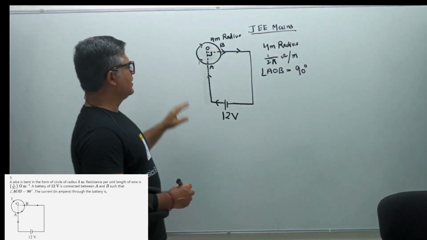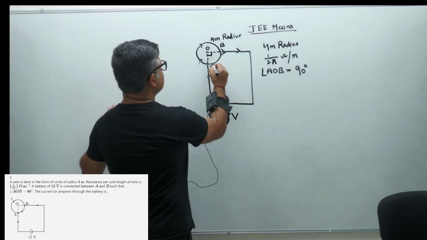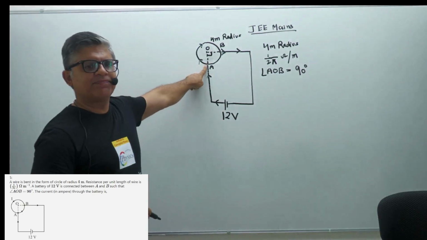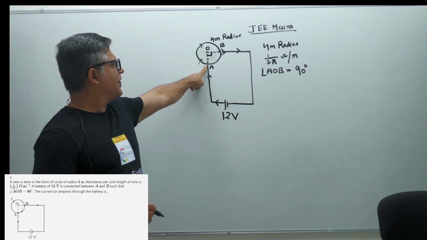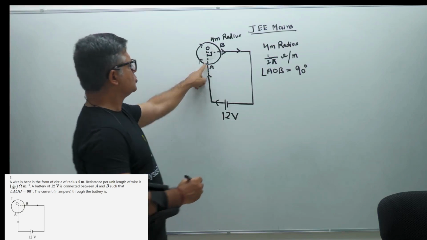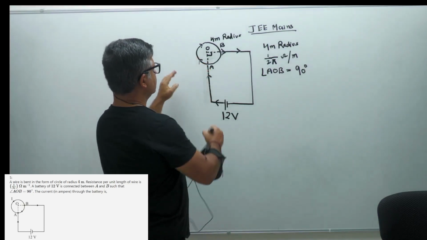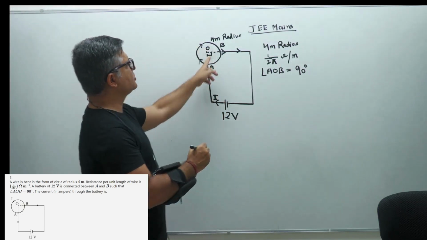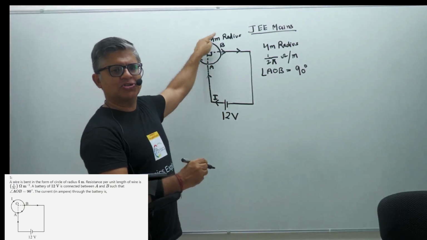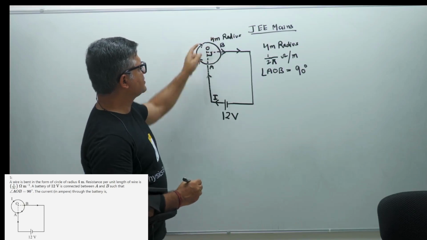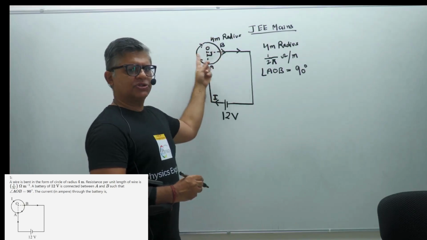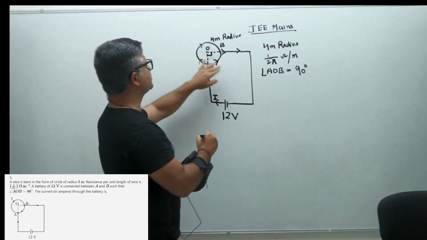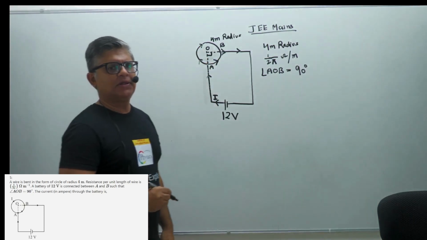The current comes in, and the current splits at A. This is the node where the current splits. Let the total current be I. One part of the current goes on the larger arc, and the other part goes through the smaller arc. So the current splits into two parts.